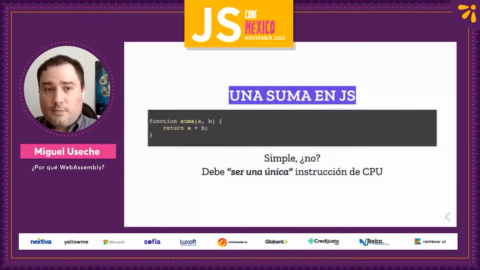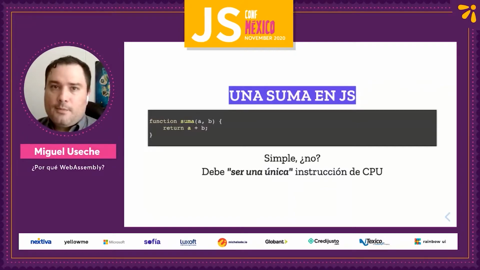The most common example is this addition in JavaScript, which is what we are looking at on this slide, with variables a plus b, and you can say, well, this is simple. And also, we need to instruct our CPU.